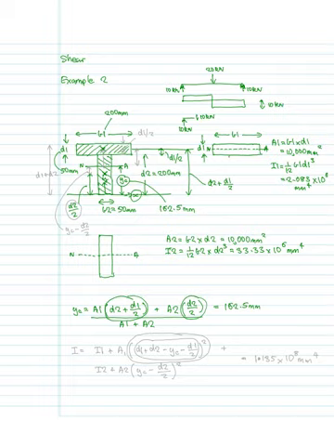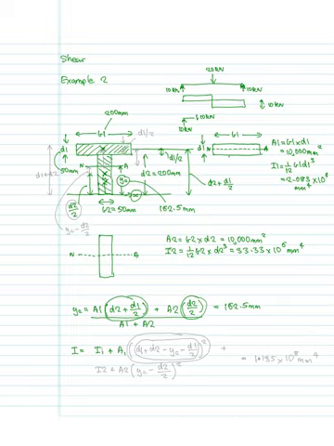So the second moment of inertia, I'll just call that I, and we've got to use the parallel axis theorem. So it's going to be I1 plus A1 times the distance squared that you are from the neutral axis.